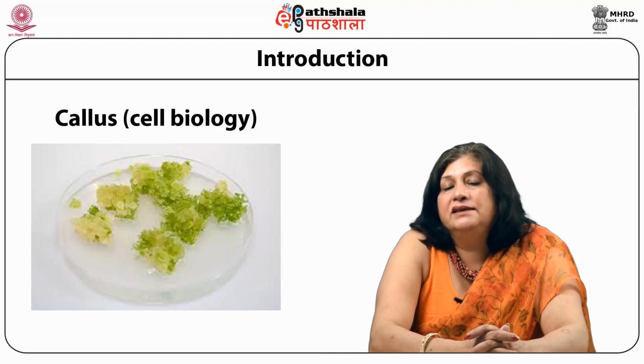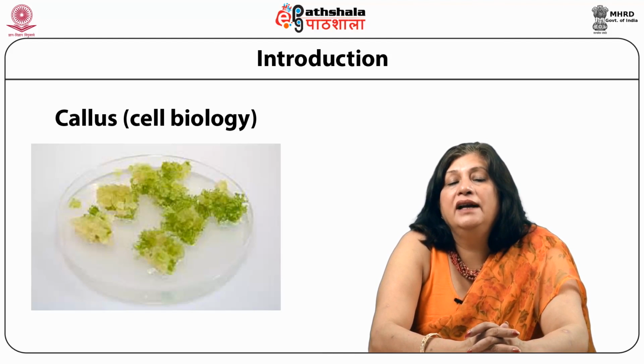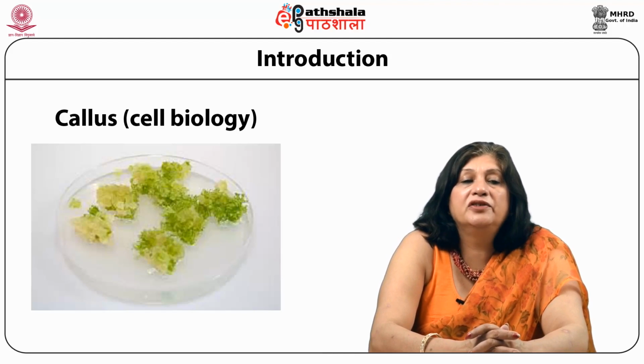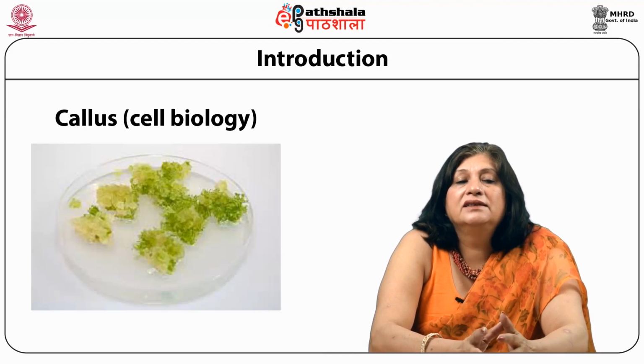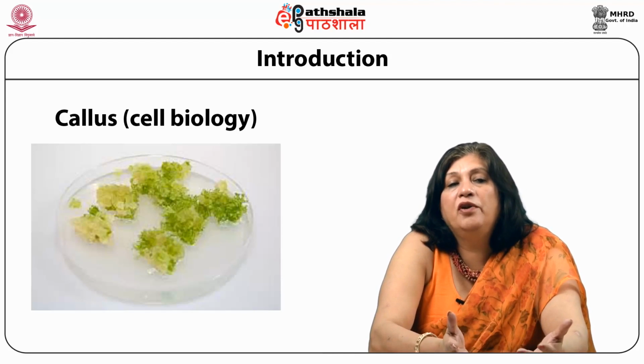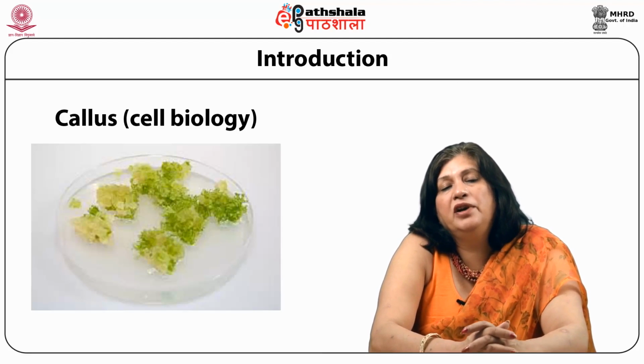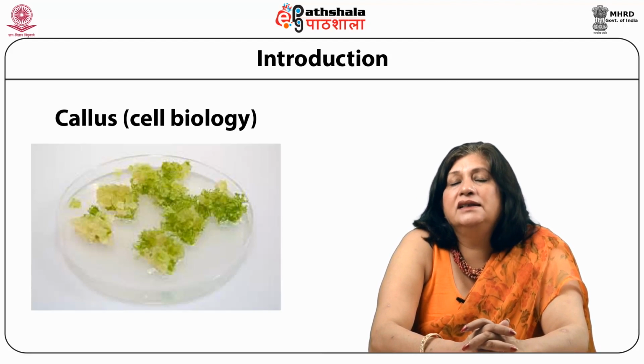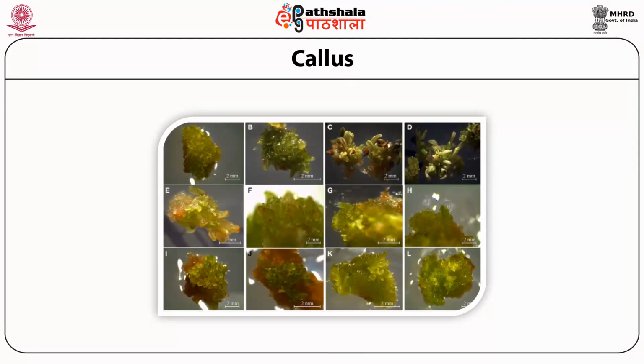But these callus cells can also be used to raise single cell suspensions, mass of cells which can then regenerate, or we can also use them for other purposes like secondary metabolite production, studying the cell behavior and so on.